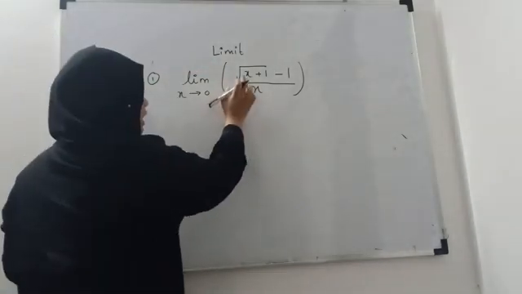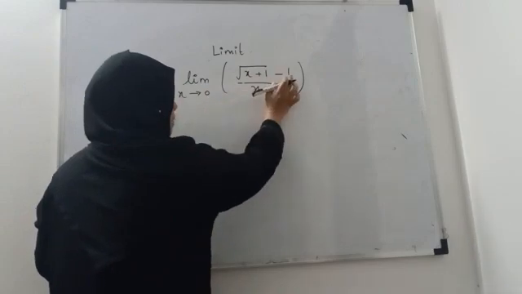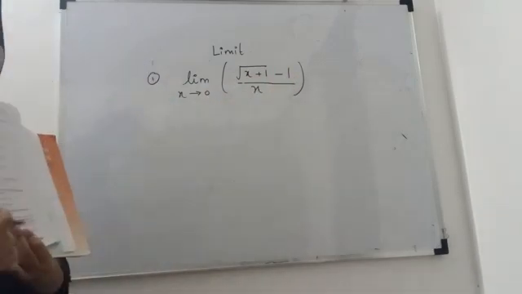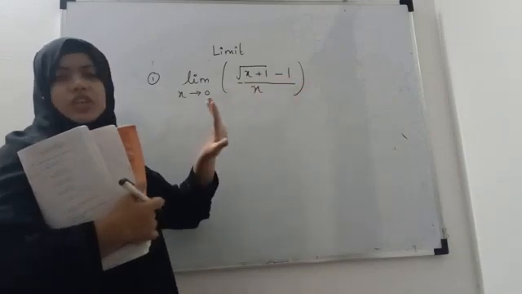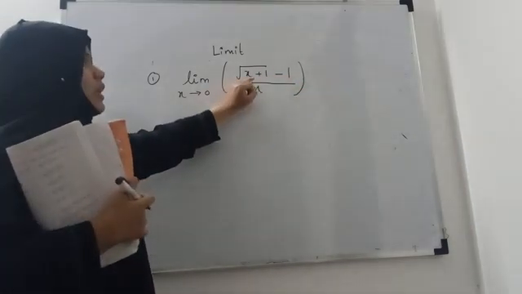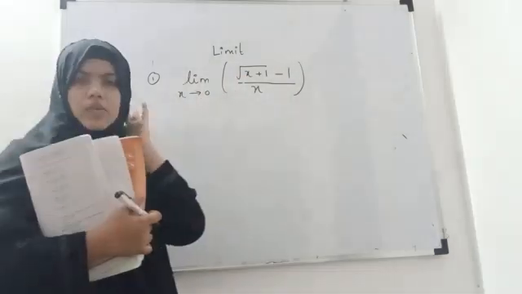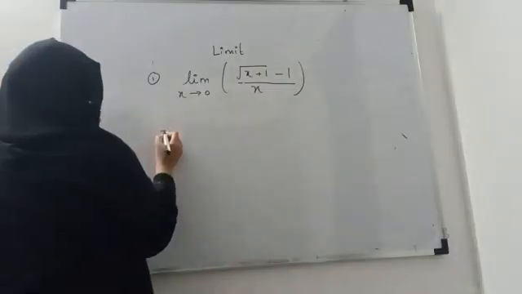So here we have root x plus 1 minus 1. Rationalize means we have to multiply and divide this function by under root x plus 1 plus 1. So we have to take the opposite sign.